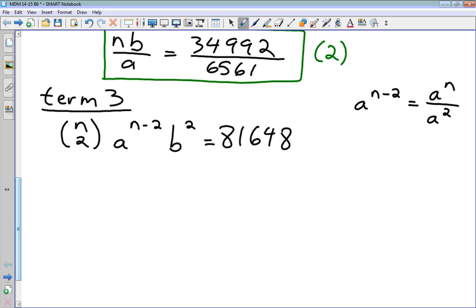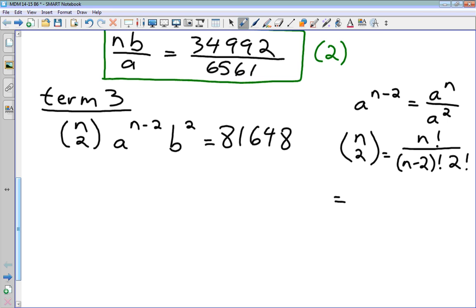The thing that really gives us trouble here is this combination. So let's rewrite the combination n choose 2. Let's write it out explicitly here. This is going to be n factorial divided by n minus 2 factorial, all divided by 2 factorial. Well, we know how to simplify factorial expressions.